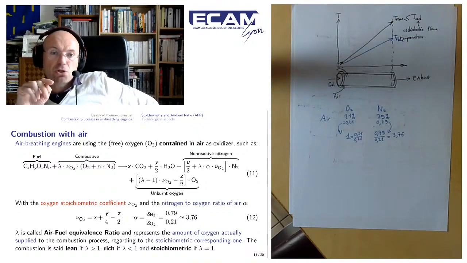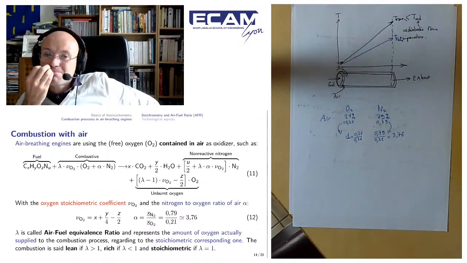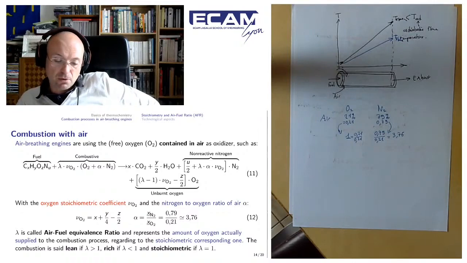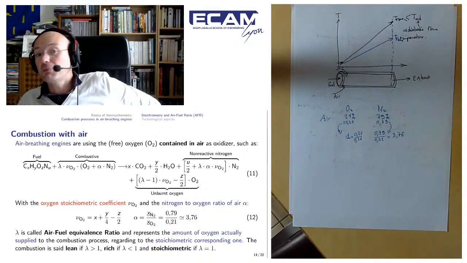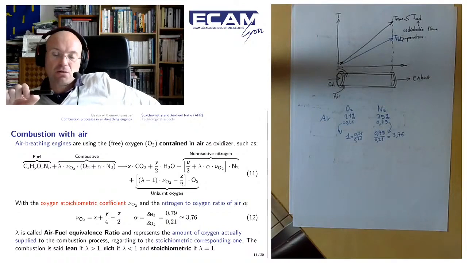The other situation, which is more rare because it's usually not good from an environmental point of view, is called rich combustion. Rich combustion means you are injecting less air than is needed by the combustion. So if you get how it works, it means at the end you will have some fuel that has not been burned. For most applications, we need to avoid this for different reasons.